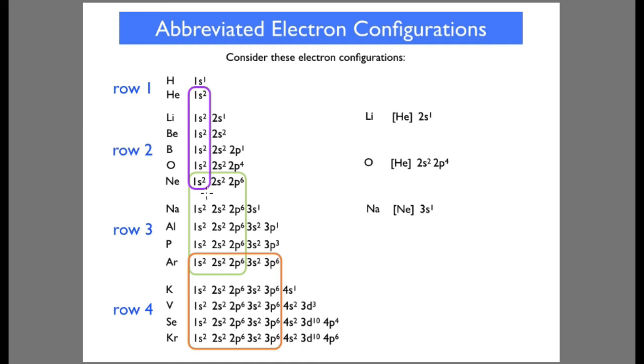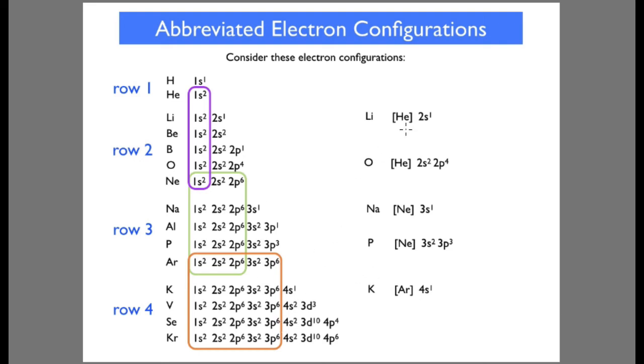Sodium here has the same electron configuration as neon, and then valence electrons. Phosphorus here has neon electron configuration, and then valence electrons. You're getting the idea. And it gets a lot quicker to do this as you go further down, obviously.